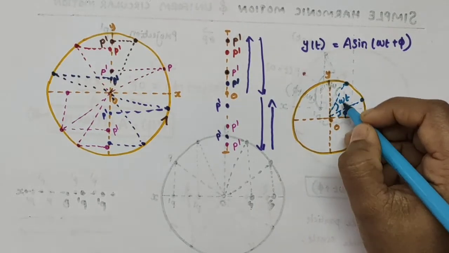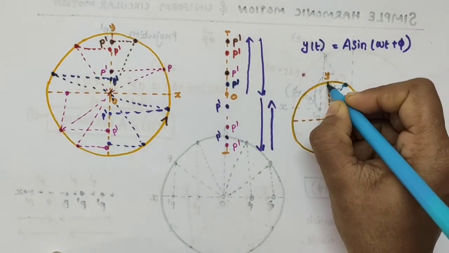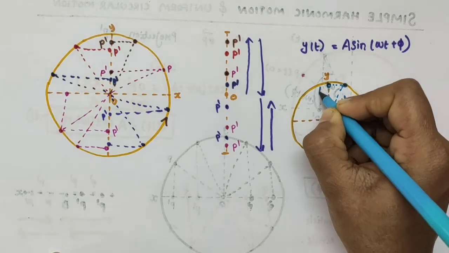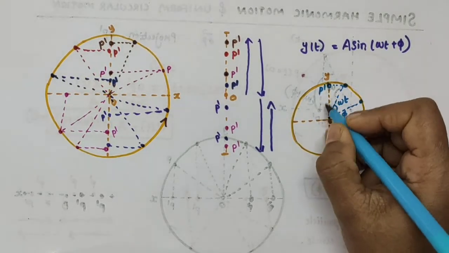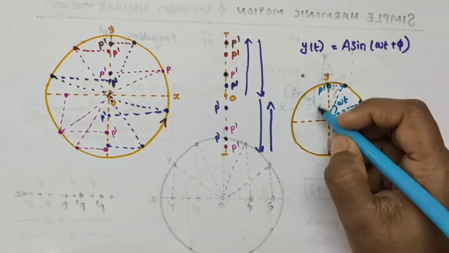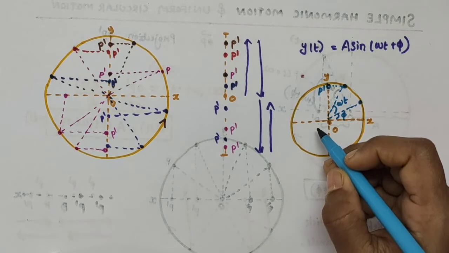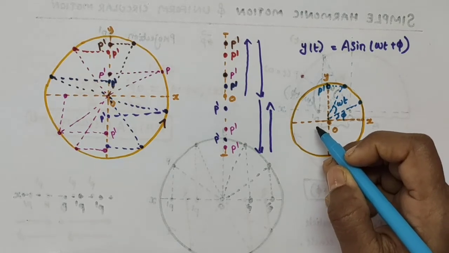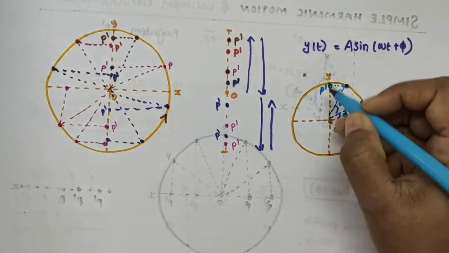So the total angle is omega t plus phi. When the particle is here, its projection on the y-axis is somewhere here, P dash. Then this OP dash is actually the displacement of P dash from this midpoint O.